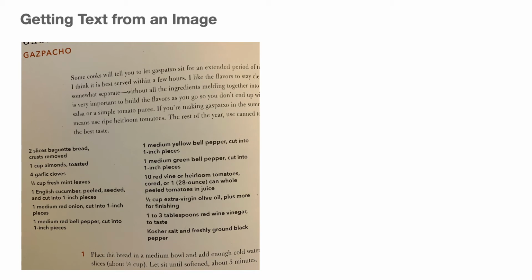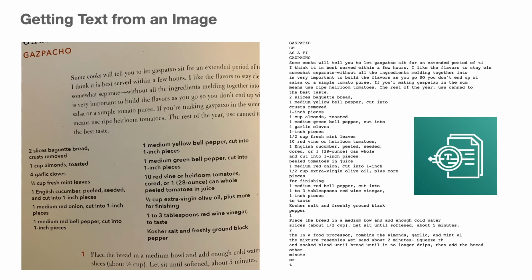So we're starting with just the image, and the first step is to get the text from the image. And to do that, we're going to be using Amazon Web Services, and we're specifically going to use the Textract product.